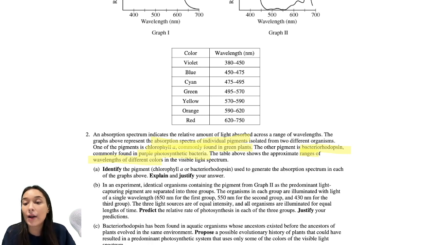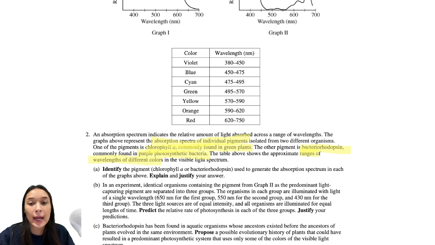Now, you don't need to have any background in Bacteriorhodopsin. This is where the fact that it's an application question comes into play, because you're going to use your knowledge of action and absorption spectrums and pigment molecules and apply it to a new pigment molecule that you don't really know anything about. So we're going to practice that.